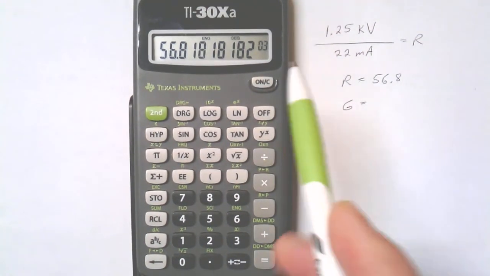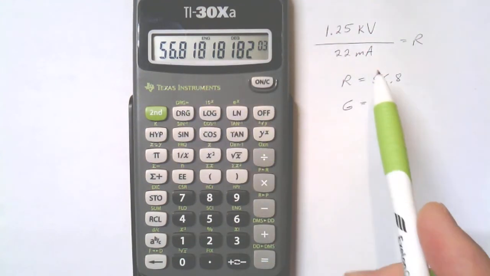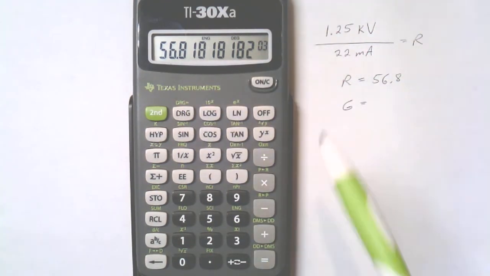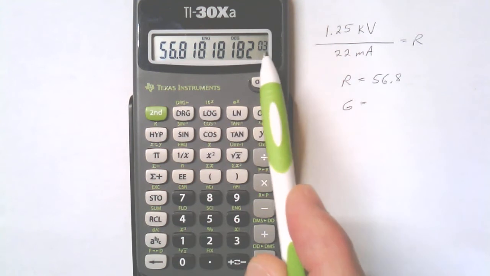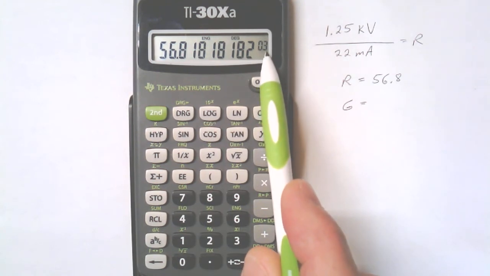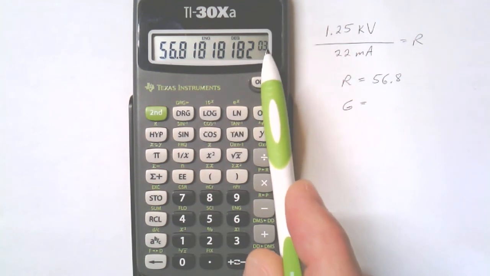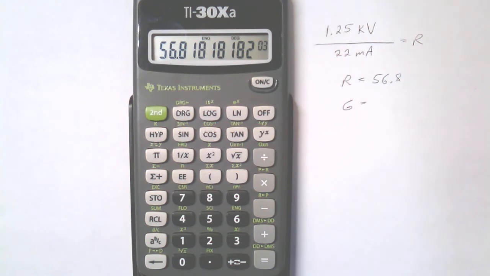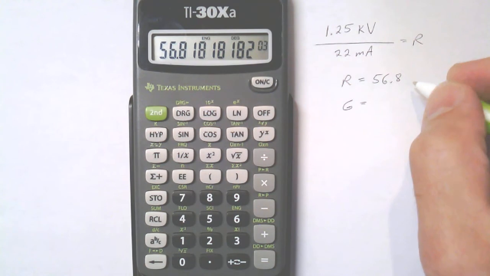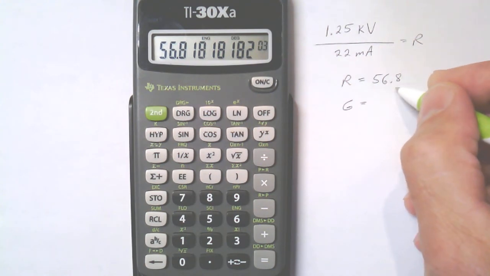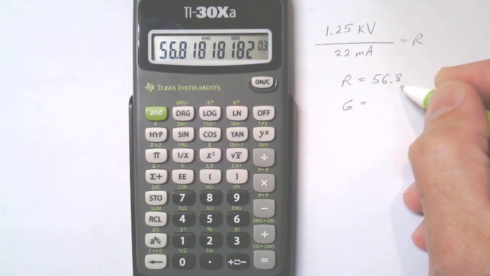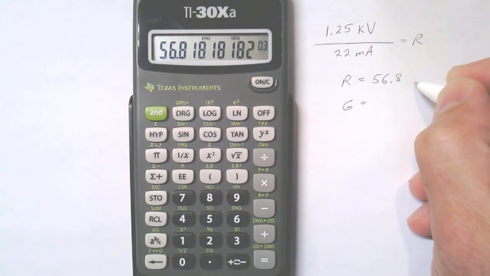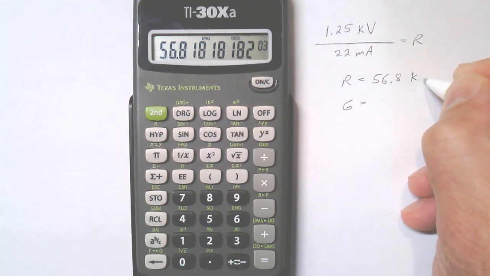and then what? Is it ohms? I mean, voltage divided by current is ohms, but don't forget you got your little exponent showing up here as a positive 3. So that's times 10 to the positive 3, that's kilo, right? So looks like we've got 56.8 kilo ohms, right?